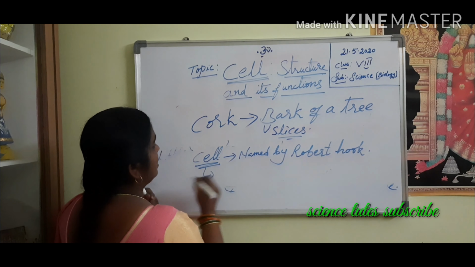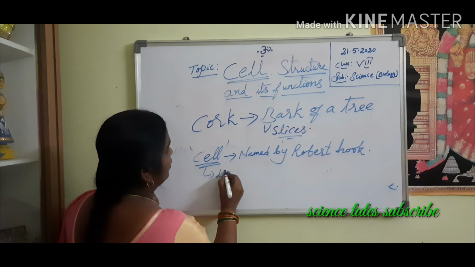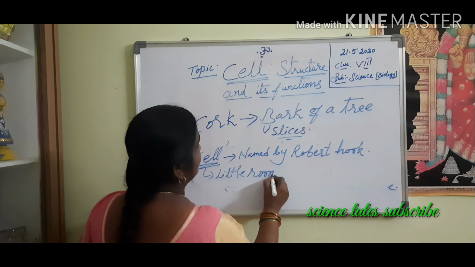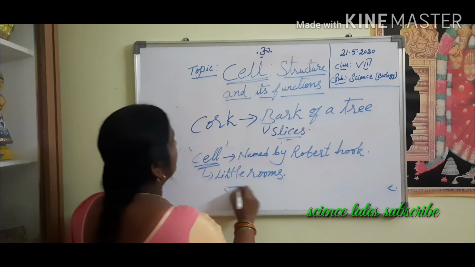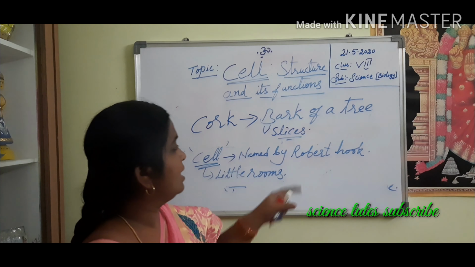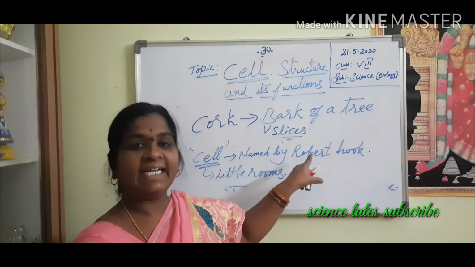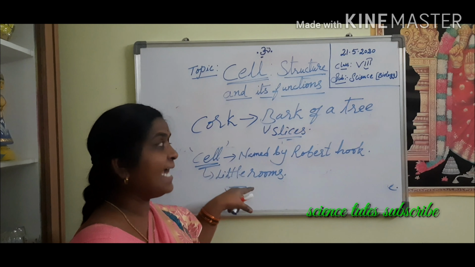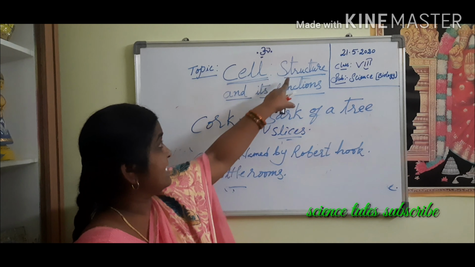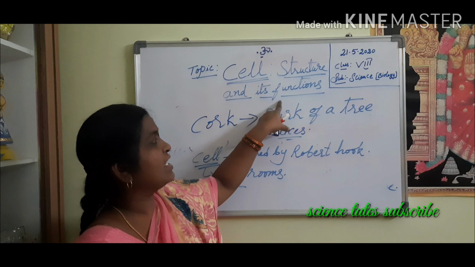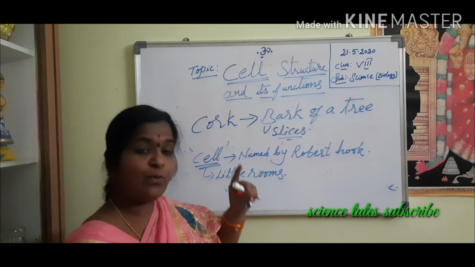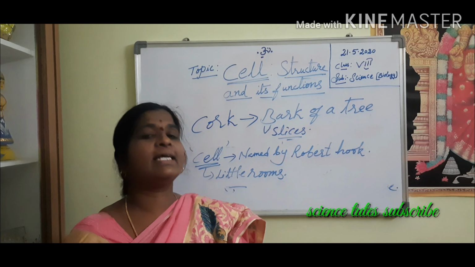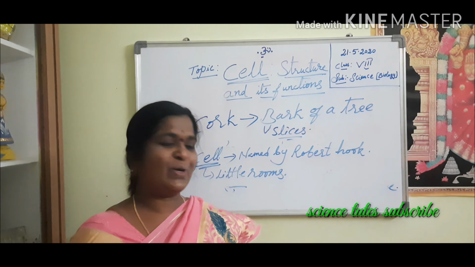Understood? That is my little rooms. Okay. This is about Robert Hooke. He discovered the cell and he identified its structure and its functions under his own self-designed microscope. The name of that microscope is a crude microscope.